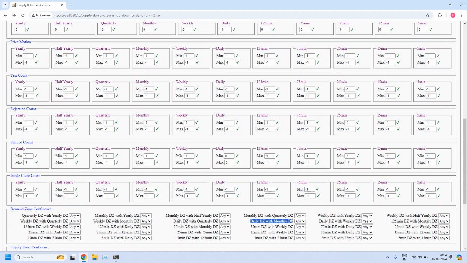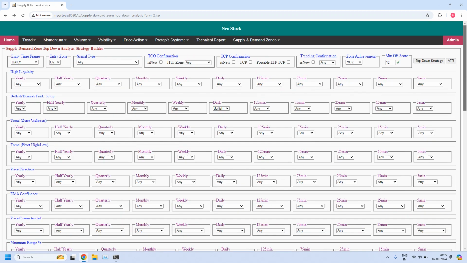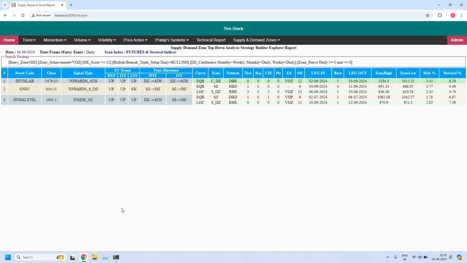Now daily demand zone with monthly demand zone I am enabling, and also weekly demand zone with monthly demand zone I am enabling. That is LTF, ITF, HTF demand zone confluence. 3 stocks are filtered. Earlier we have seen 15 stocks are having LTF and ITF confluence. Out of the 15, only these 3 stocks are having LTF, ITF, HTF confluence.